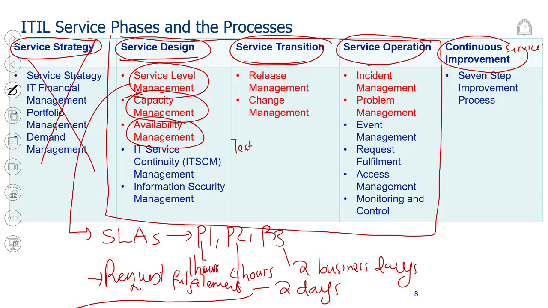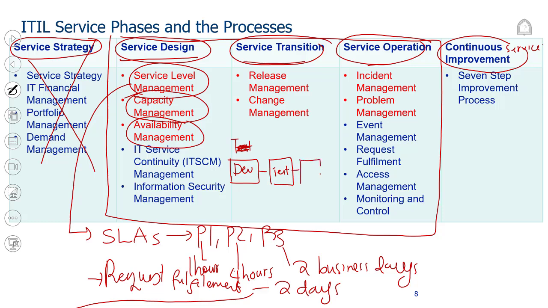Sorry, maybe dev. This is where you develop things and you test them. Then you can move them, for example, to the test environment. You allow the users to test what you've developed.